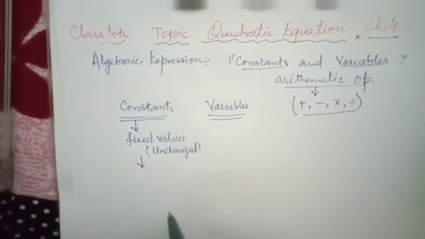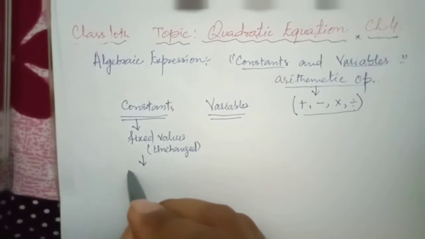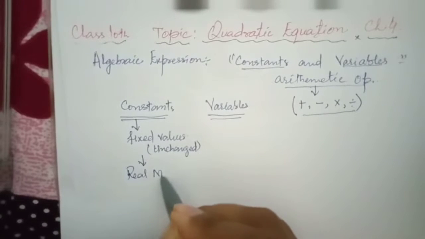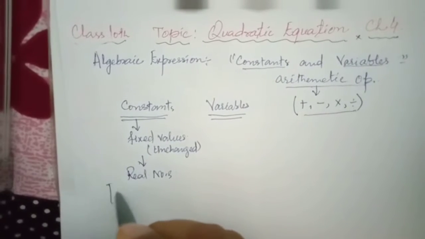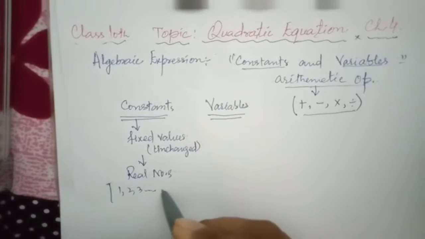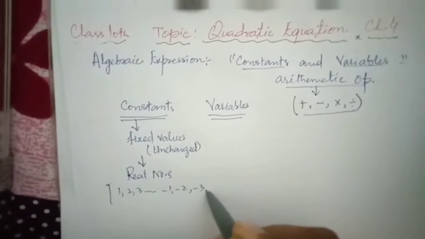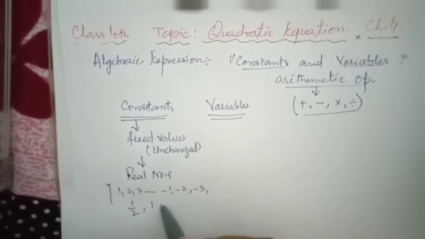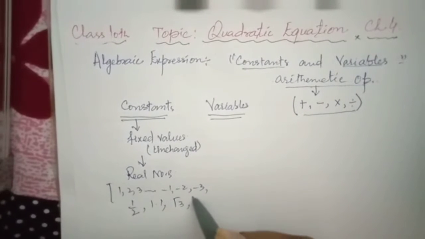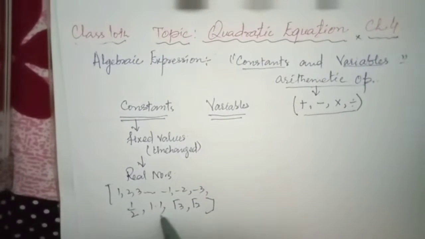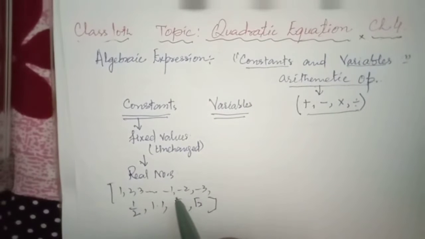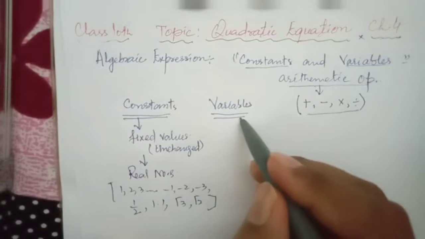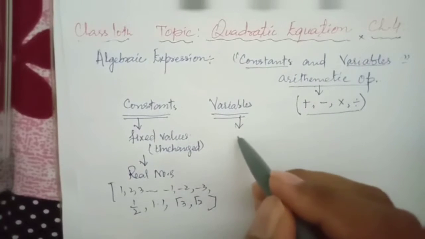And one more thing, all the numbers, especially the real numbers, like 1, 2, 3, etc., -1, -2, -3, 1/2, 1.1, √3, √2, whatever may be, in any expression, you have to understand that they are the constants. And now coming to the variables. What are the variables?